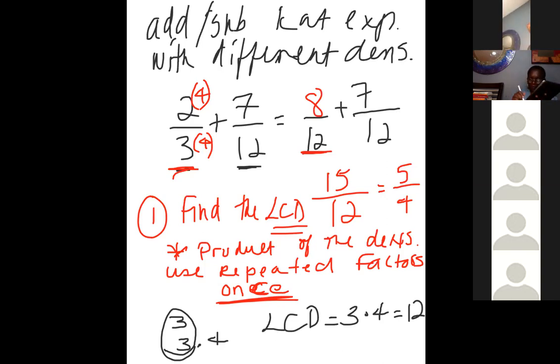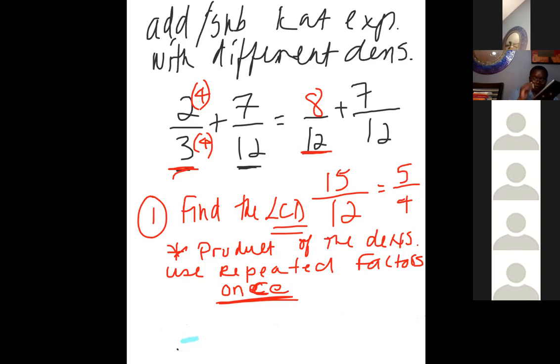All right, guys. So here comes the next step. Let me just erase this. So now, once you find your LCD, number 2, you want to change the numerators if necessary.